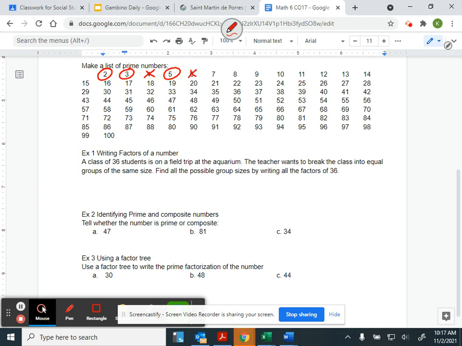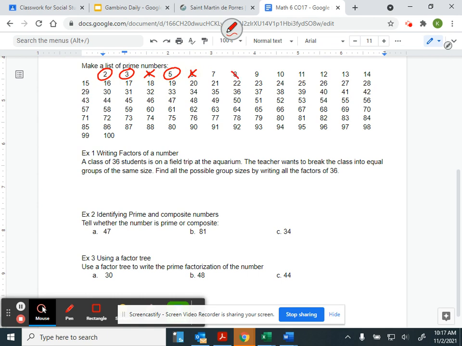We can know that any even number after the 2 is not going to be prime. It is a composite number. How do we know that? Brielle? Because any even number you can divide by 2. So we know any even number after 2 is not a prime number.